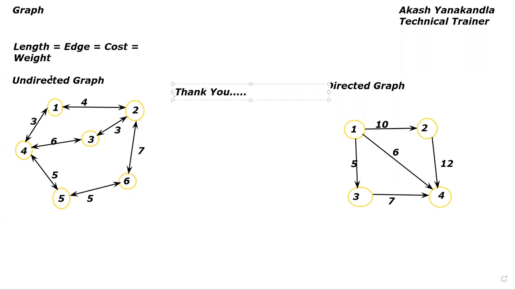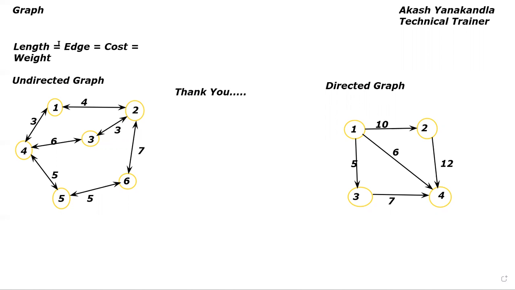In undirected graph, we have bidirectional arrows, which means it is a bidirectional way. And in directed graph, we have unidirectional arrows. Hence, we can travel only in one direction. You cannot travel in the backward direction in the case of directed graph.